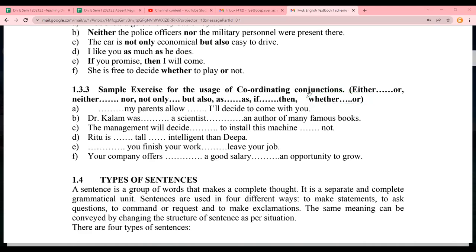Okay. Next, D: Ritu is dash tall dash intelligent than Deepa. As tall as. Yes, as. So Ritu is as tall as she is intelligent than Deepa. Sentence E: dash you finish your work dash leave your job. What do you think?